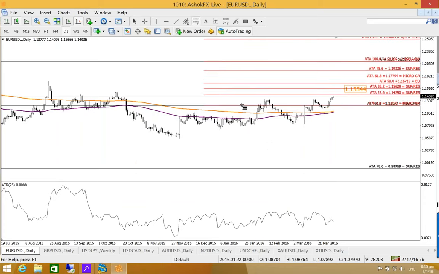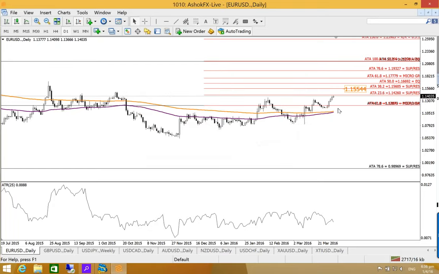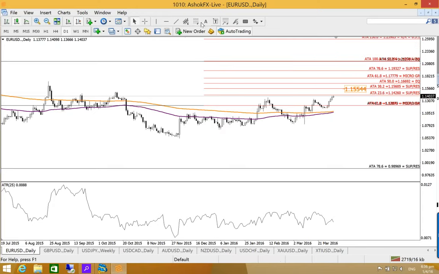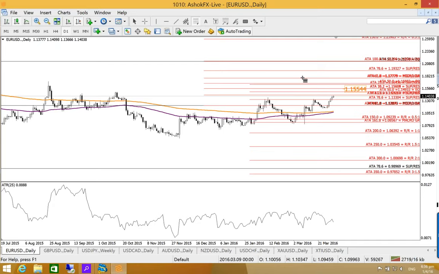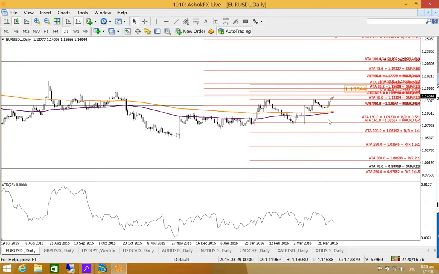You can see the 61.8 is above, so I'm going to take one more round. I'm going to take 61.8 and one, so I'm going to go here and take to 61.8. Okay, and my buy limit order is going to be this order.